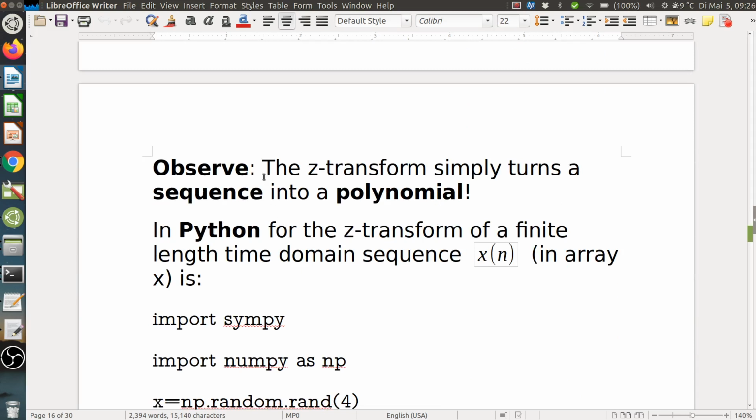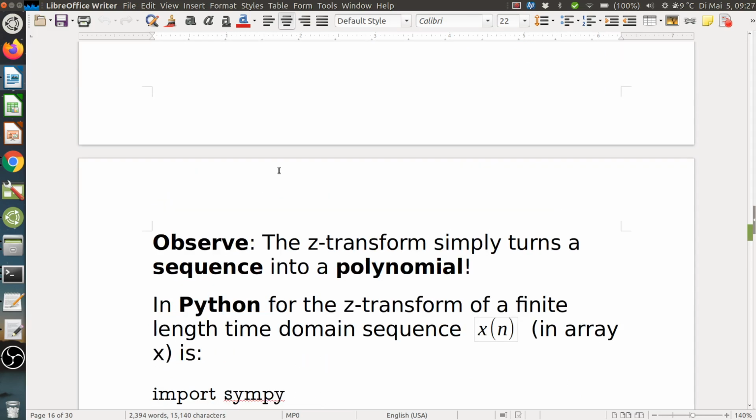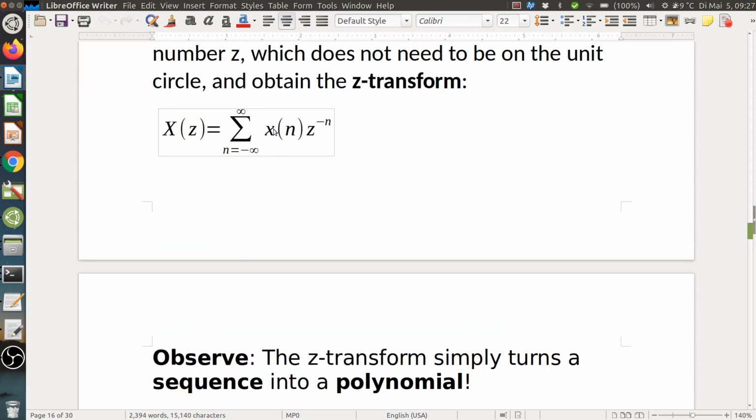So when you look at it, the Z transform simply turns a sequence into a polynomial, right? So when you look at this formula here, this is actually the definition of a polynomial. You have coefficients and you multiply them with a variable, and the exponent is the index of the sum. Except here we have the minus, so that means our variable would be z to the minus 1.